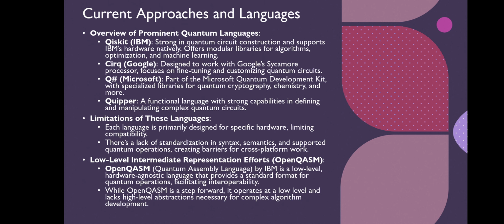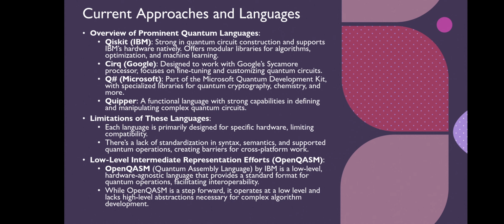Now, what are the current approaches and languages? Qiskit from IBM. Qiskit is strong in quantum circuit construction and supports IBM's hardware natively. It offers modular libraries for algorithms, optimization, and machine learning. Cirq from Google.